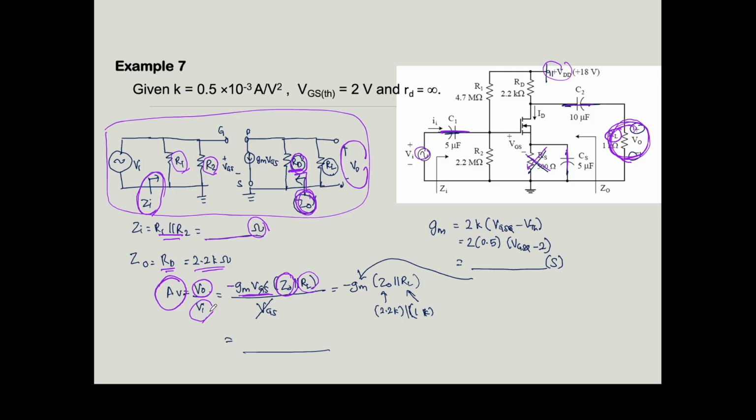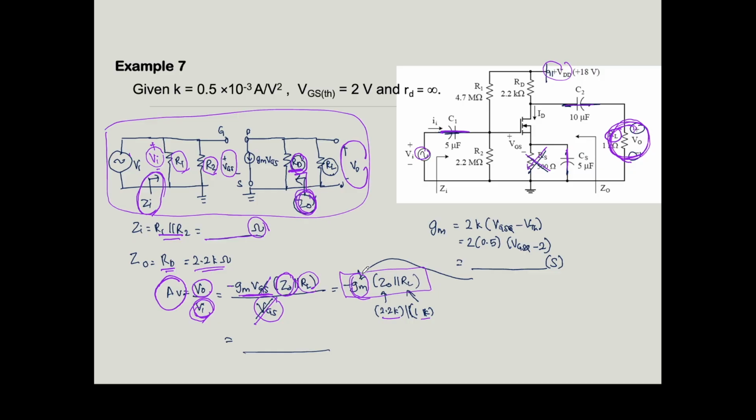And what is your input voltage? Here is your input voltage, Vin. Our input voltage is equal to VGS, so you can cancel out your VGS, leaving only this. You substitute the values, and you will get the answer.